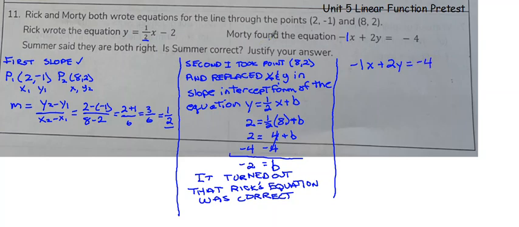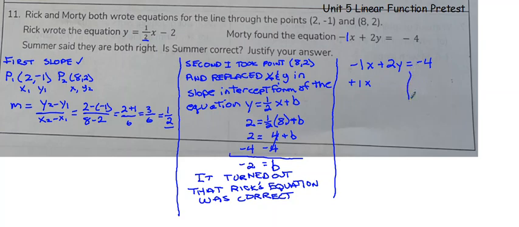So we know Rick's equation is a line going through those 2 points, and that's the proper slope. Can we make Morty's equation look like Rick's? In other words, can we change the standard form into y equals mx plus b? And I think we can. We just got to move this x term to the right side of the equal sign. So let's do that. Let's add 1x to both sides of the equation.